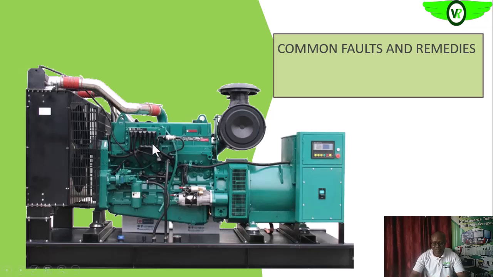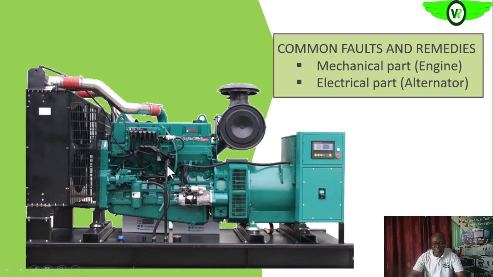Okay, so we have the mechanical part of the diesel engine, which is the engine, and then we have the generator itself, the electrical part of the diesel engine, that is the diesel engine generator, the part that converts the rotating mechanical energy into electrical energy. Okay, that's the electrical part.